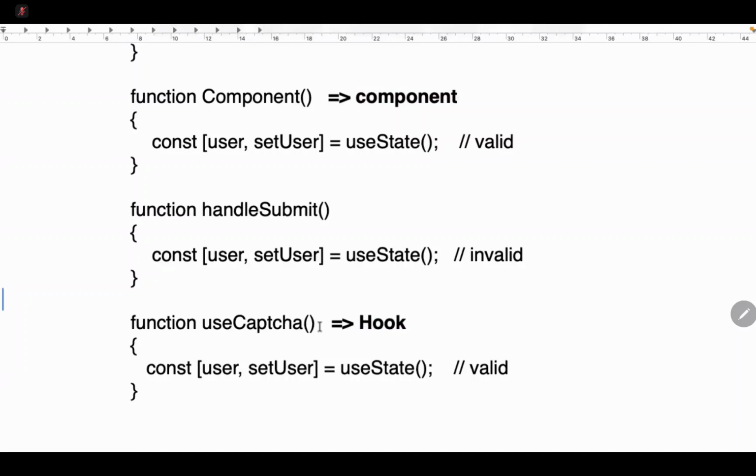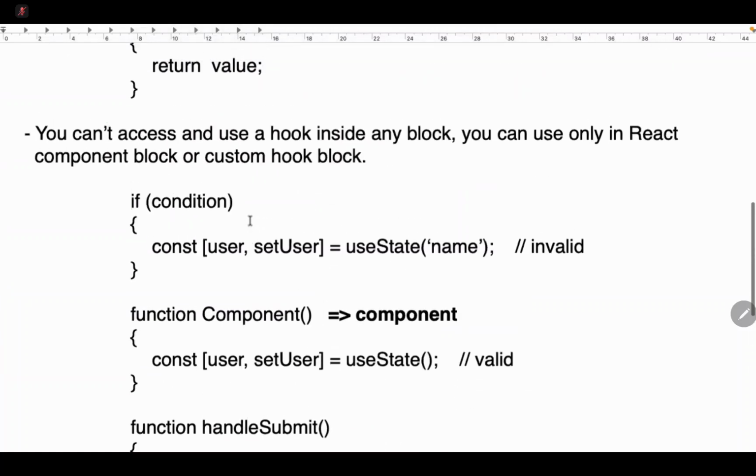You cannot access in other locations. So in any nested blocks, in any if condition, while loop, for loop, map, anywhere you are trying to call the hook, it will not work. So make sure it is at the high level only. So you can't access and use a hook inside any blocks.